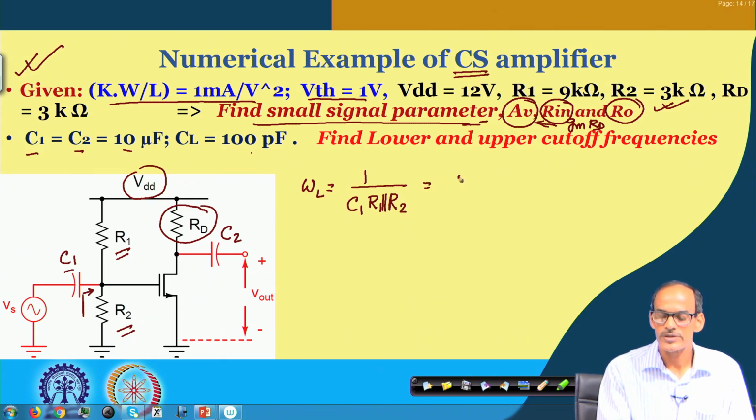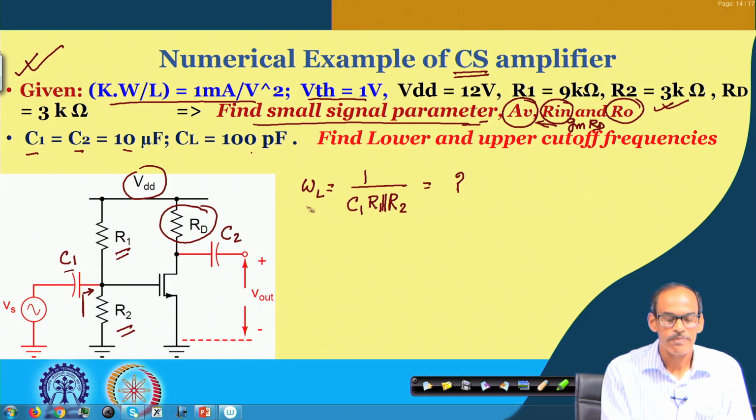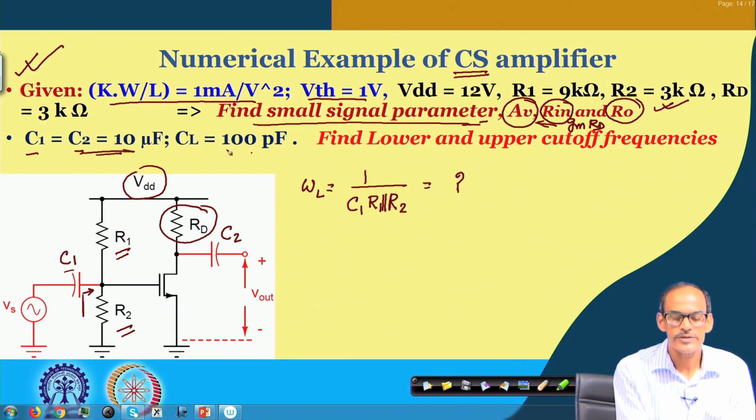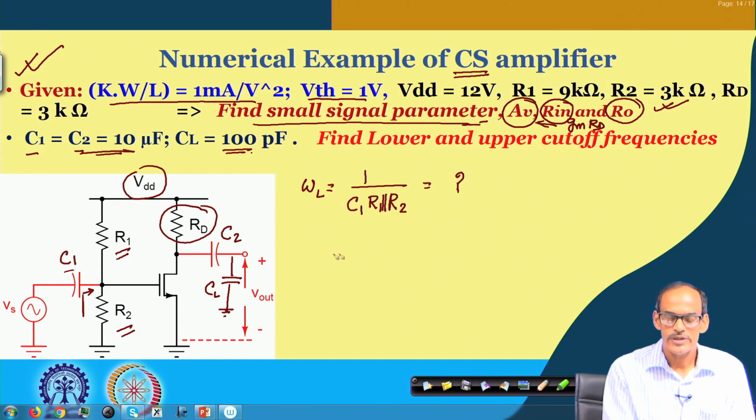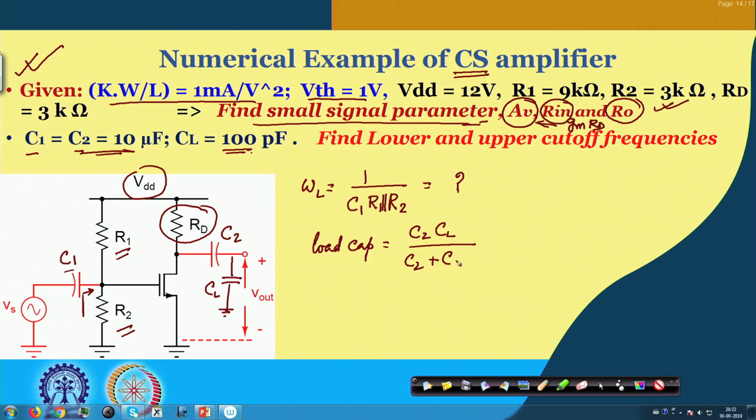Whatever value we get, we can calculate ourselves. Likewise, since C2 is much higher than CL, the series connection of CL and C2 gives us the load capacitance, which is C2 multiplied by CL divided by C2 plus CL.